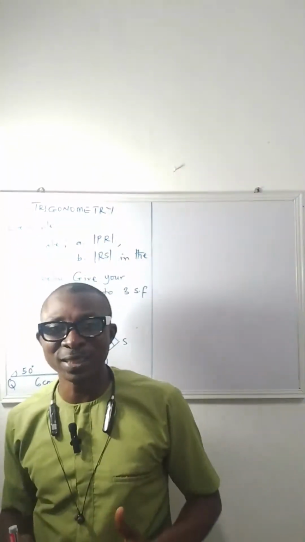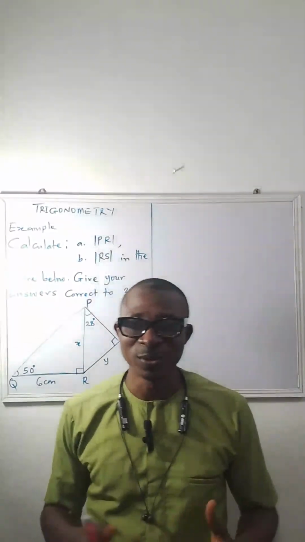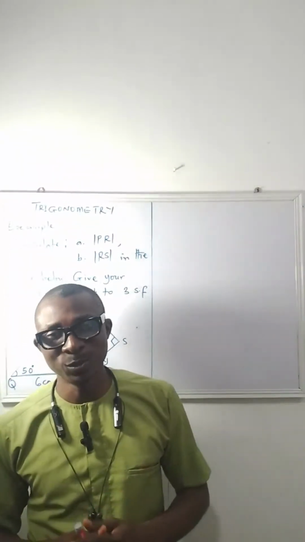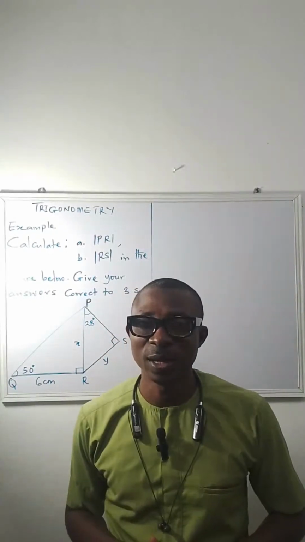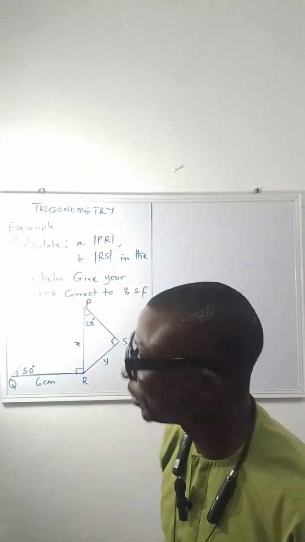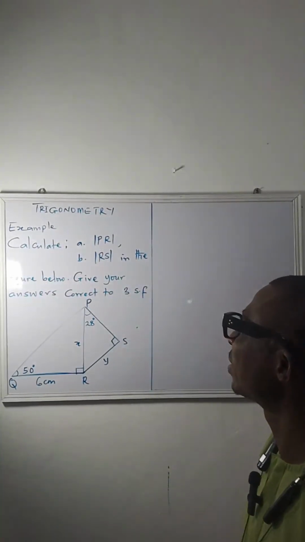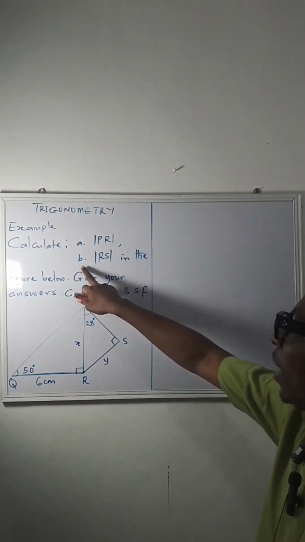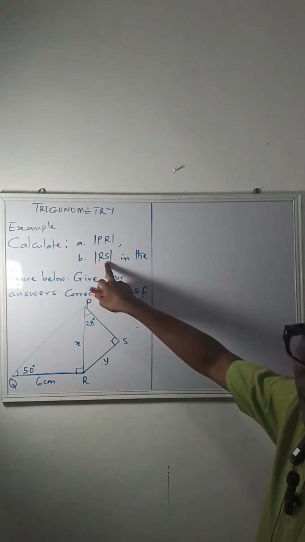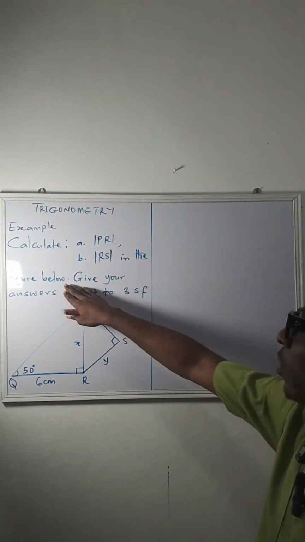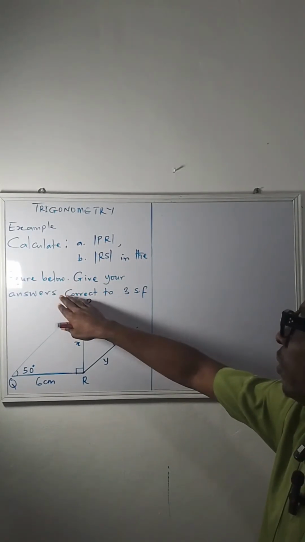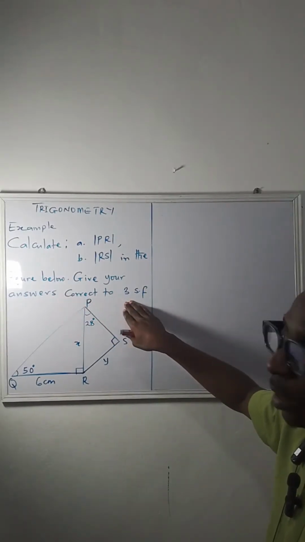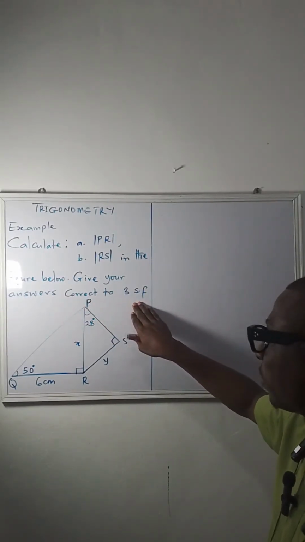Because of our time, we are going to continue. Let us swing into action. So let's look at the problem we have here. You have to calculate the length PR and the length RS in the figure below, giving your answer correct to two significant figures.